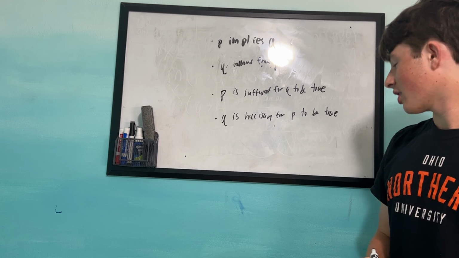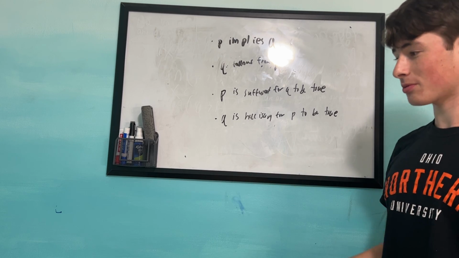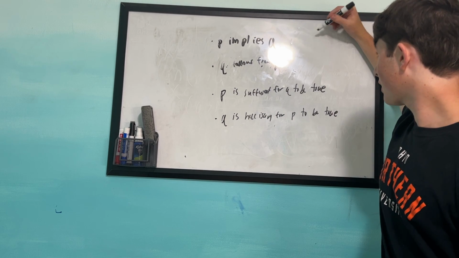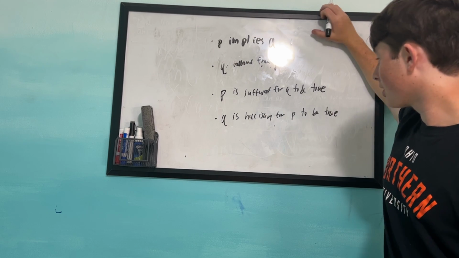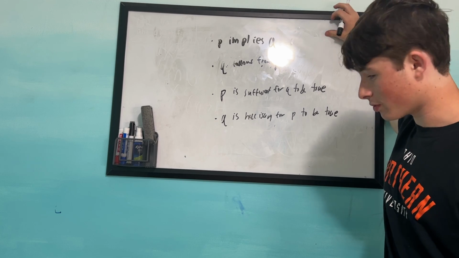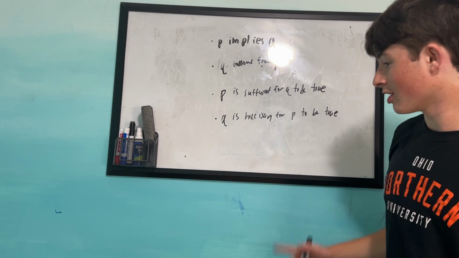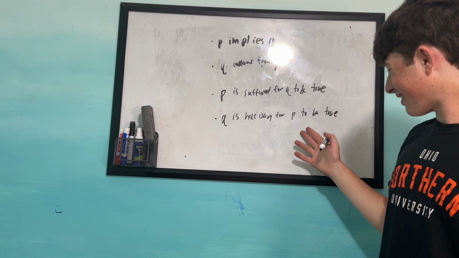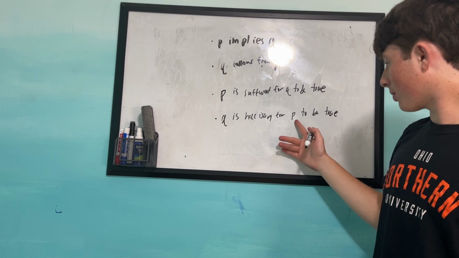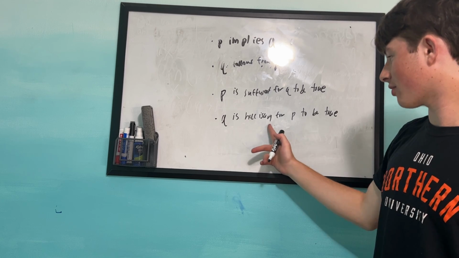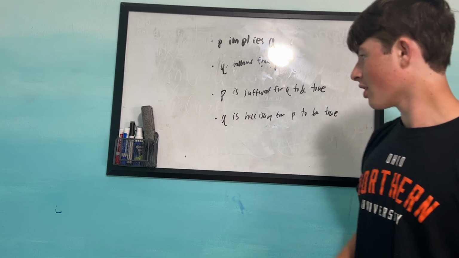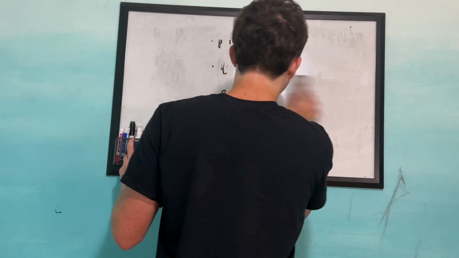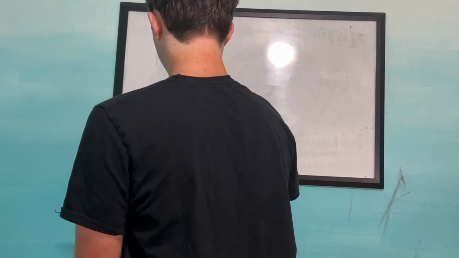That is because if P is true, Q always has to be true, because from the chart from earlier, if P is true, Q is true, that's a valid statement, but if P is true and Q is false, that's an invalid false statement. So if you want P to be true, you have to make Q true to have a valid statement.